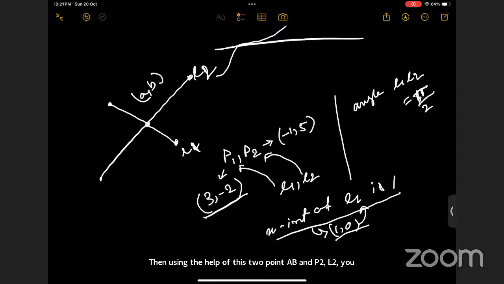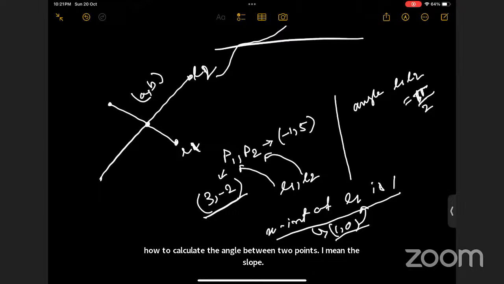Then we know how to calculate the angle between two lines, I mean the slope. So just calculate the slope and equate it with tan of pi by 2.